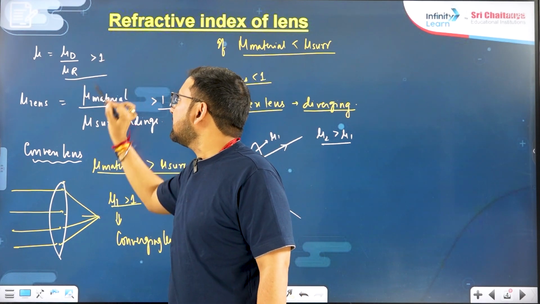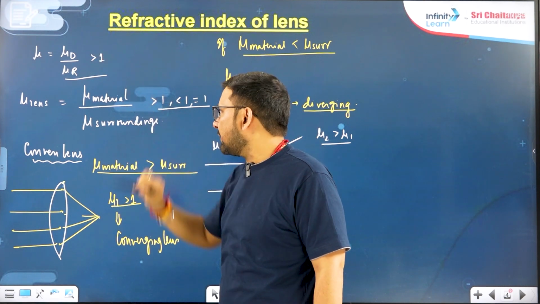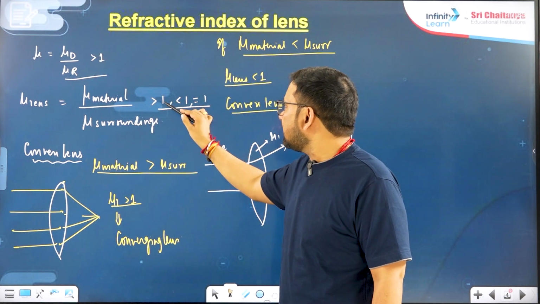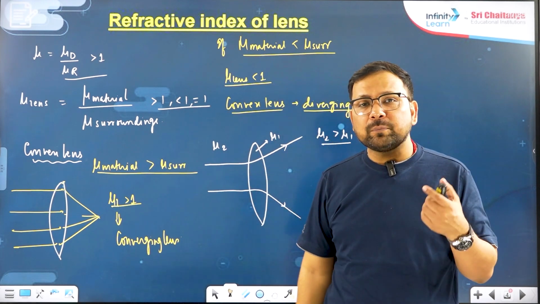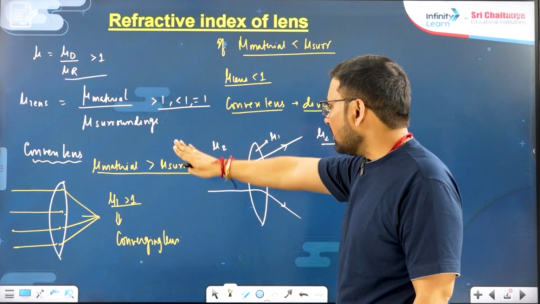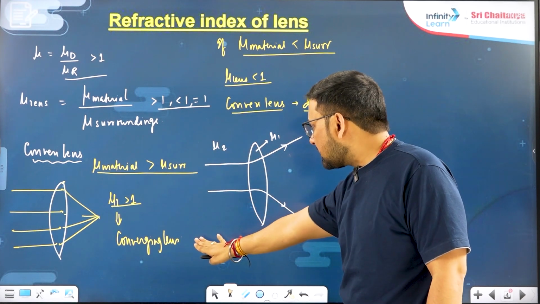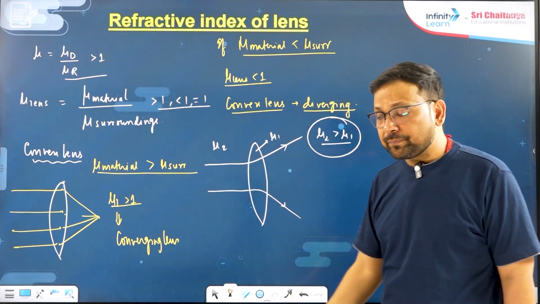I am not talking about relative refractive index. Material refractive index is written that way. But for a lens it could be greater than 1, less than 1, equal to 1, that is relative, depending on where you have placed that lens. So this is the nature of a convex lens, that it might be converging, that it might be diverging. We have got the proper condition also.